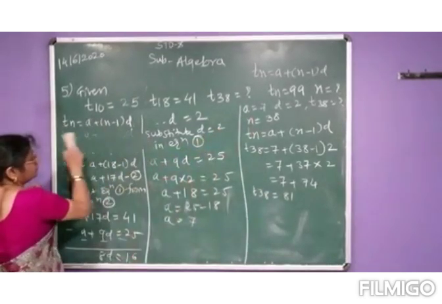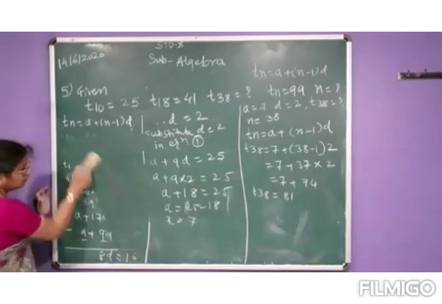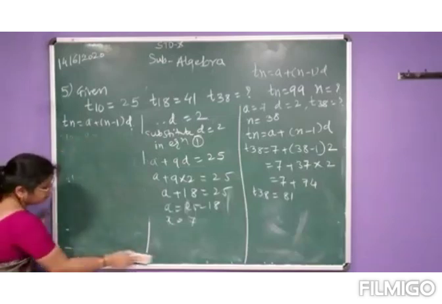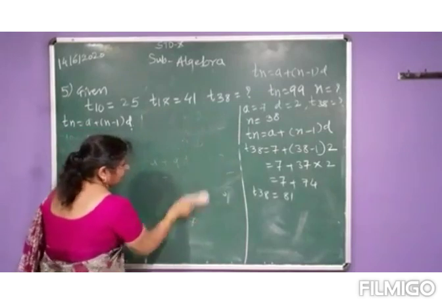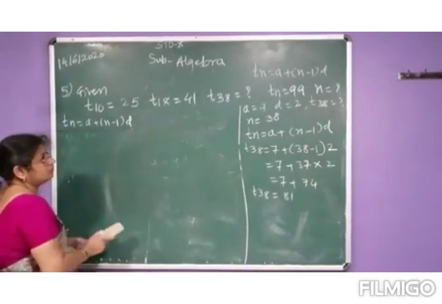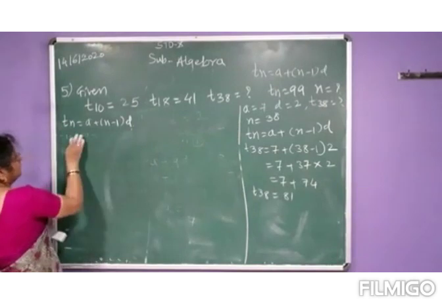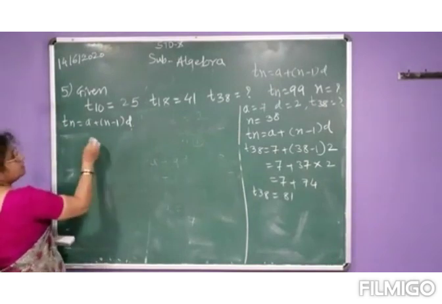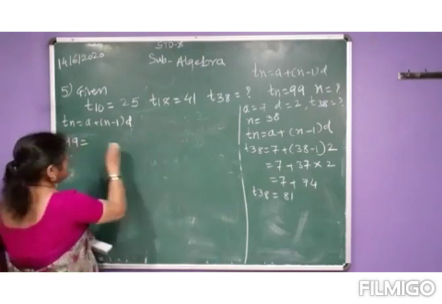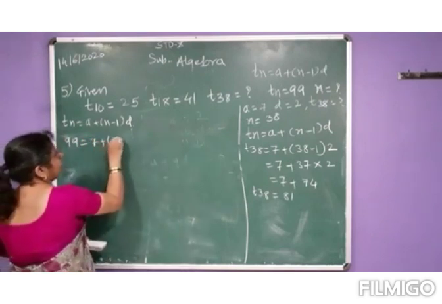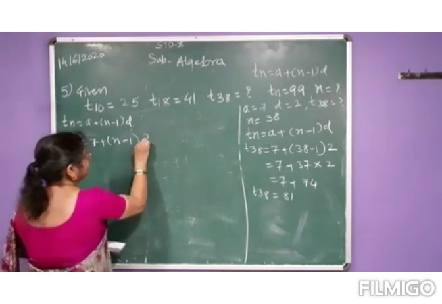Now we will see the last one. I am keeping the formula as it is. Only we will see the part where Tn is given, and you have to find out the value of n. Tn is given as 99. a is 7 plus n minus 1, and d is 2.